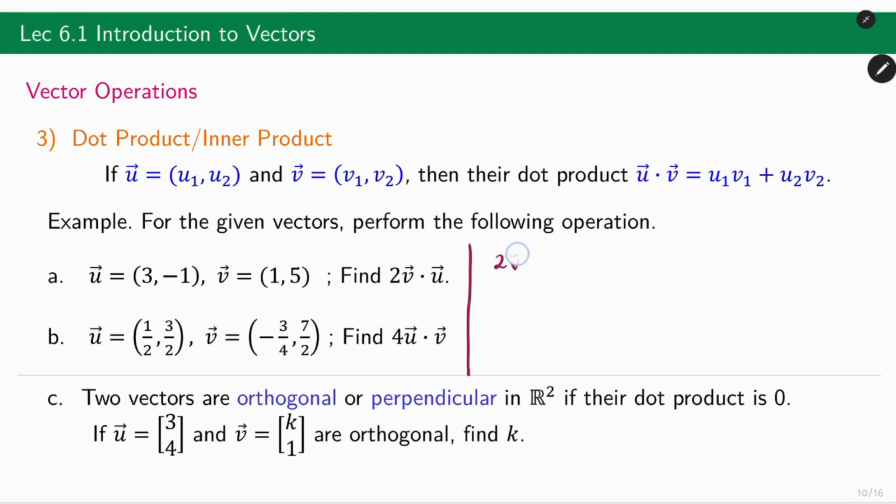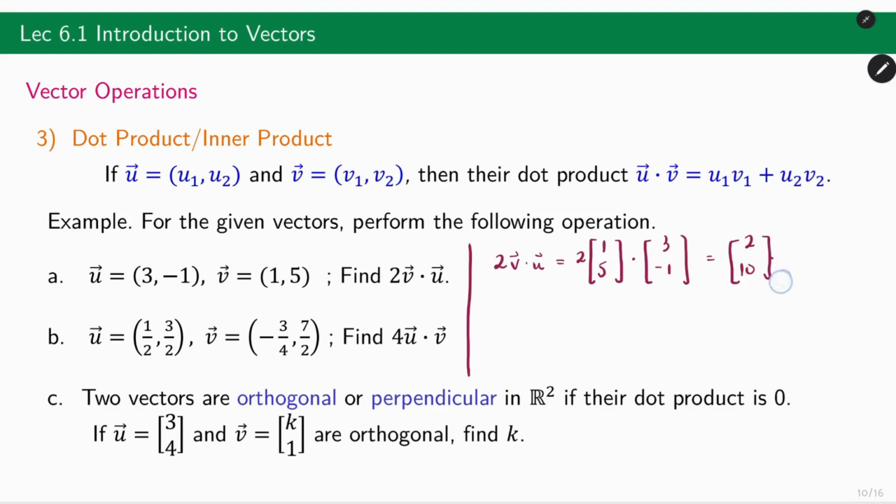In getting this one, the dot product of u, v, and u, we must perform first the scalar multiplication of 2 and v. So this becomes like this. And then dot 3, negative 1.